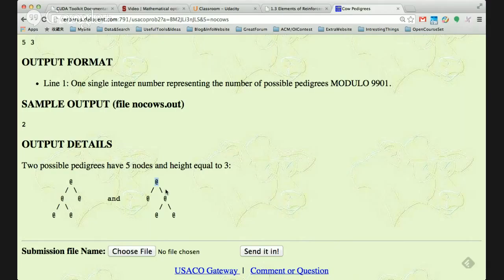You see, because everybody is having 2 children, along with himself is 3, and he is either a root or a child from someone else. So actually, the total number of nodes of this tree has to be an odd number. Never going to be an even number. Only going to be an odd number.